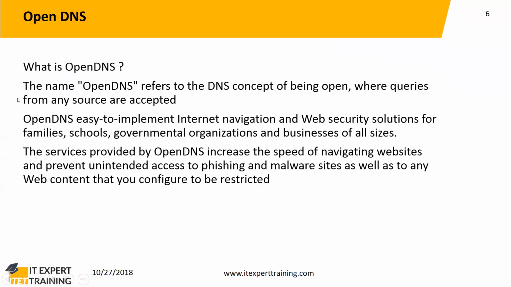Here you can see the main service provided by OpenDNS increases the speed of website navigation and prevents unintended access to phishing and malware sites, as well as any web content that you have configured to be restricted. So it's something like proxy intelligence.